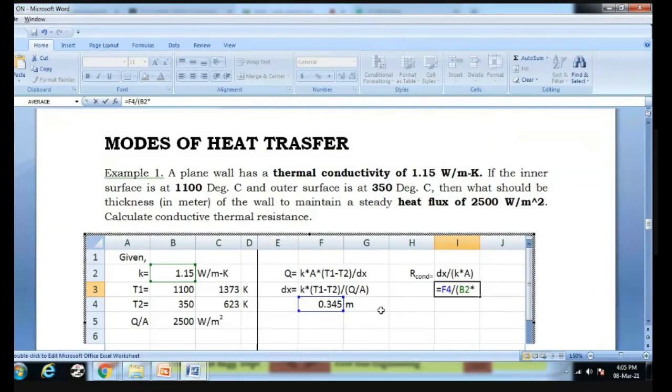Understood, sir. What is the answer? I left it to you. What is the answer? You tell me what is dx upon k that we want.